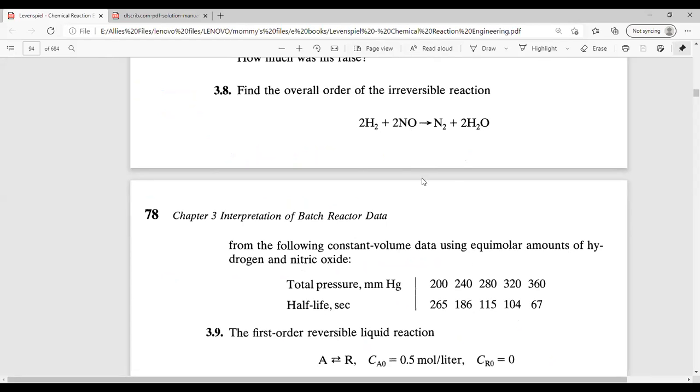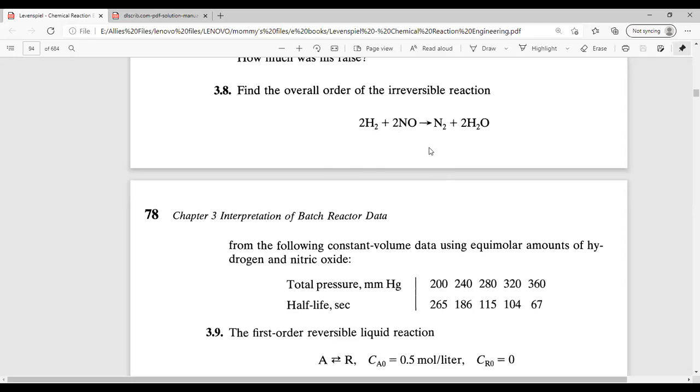The same stoichiometric coefficients, equal amounts present initially. You can simplify the rate law for such an expression when you have equimolar amounts of species and the same stoichiometric coefficients for the reacting species. Now, let's see if you can think of how you're going to simplify that.